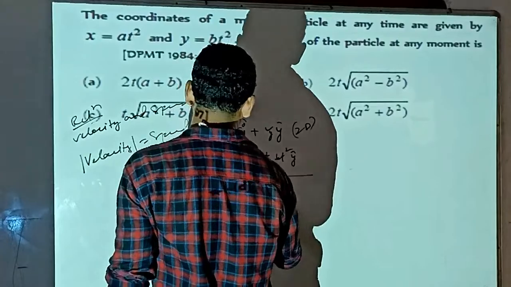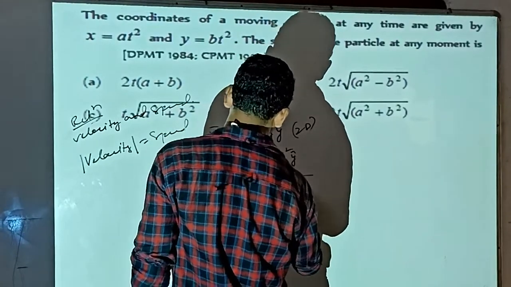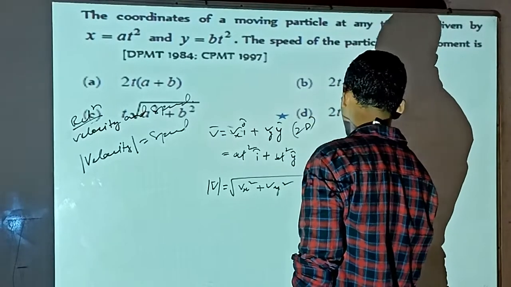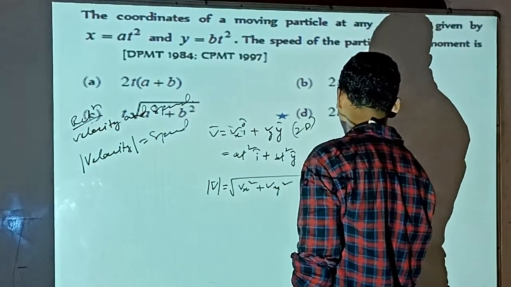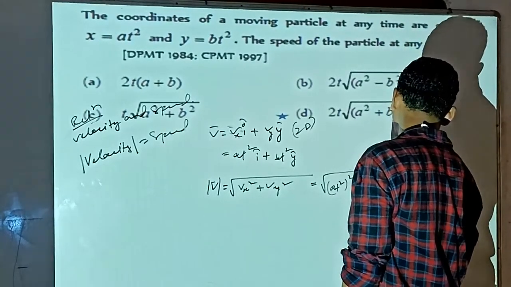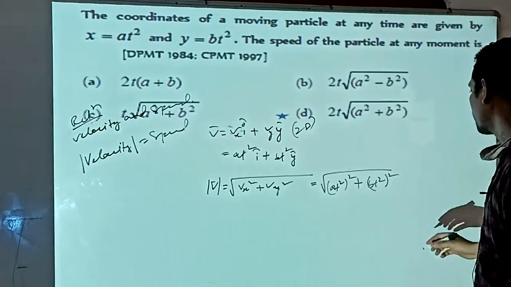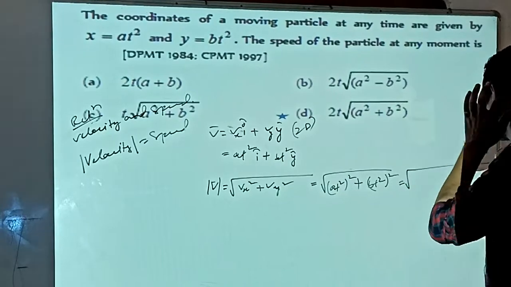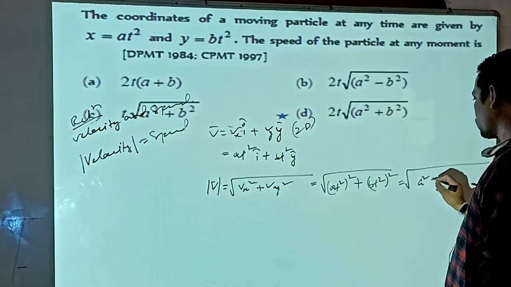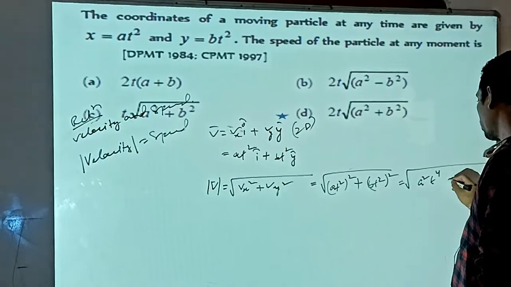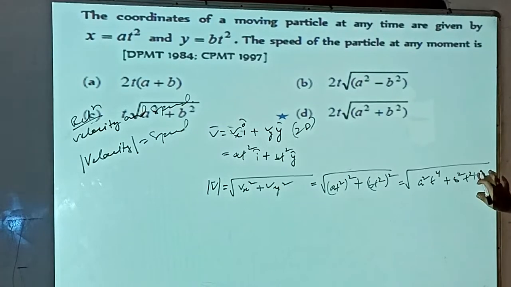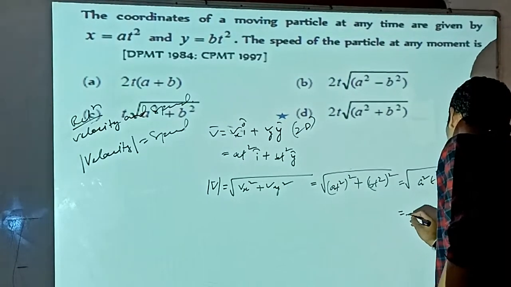This gives you under root, at square whole square plus bt square whole square, so under root a square t to the power 4 plus b square t to the power 4.